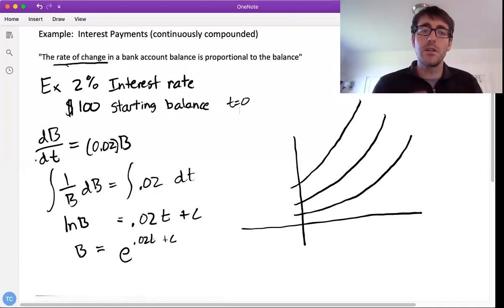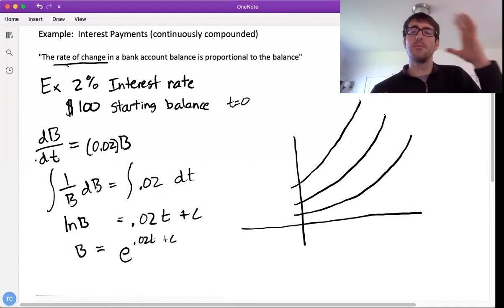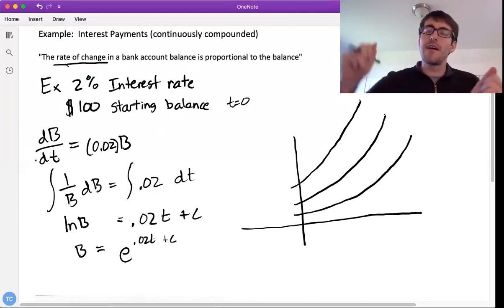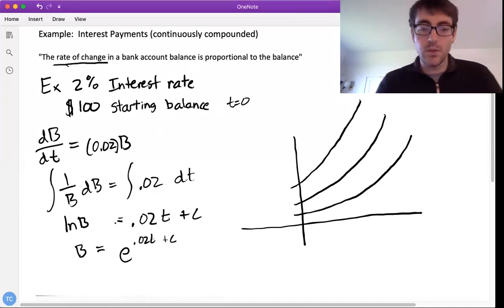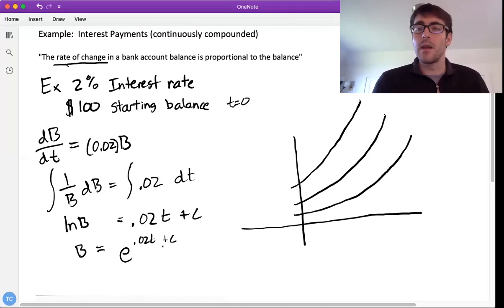What's the function that tells us how much money is in the account for any given particular time t? Well, one way of solving this is to plug t equals 0 and b equals 100 into our equation down here. And then we could go through and solve for c. I believe we end up with c equals ln of 100.